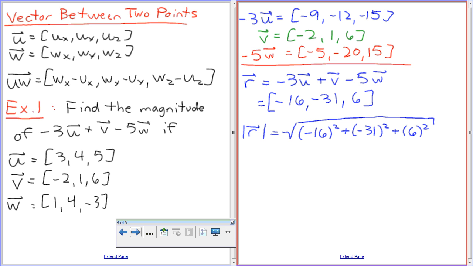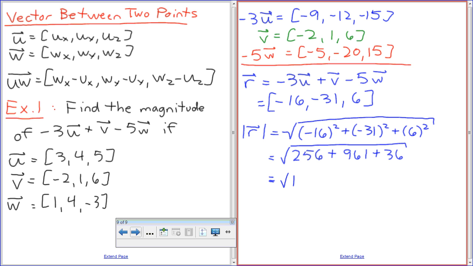Stay with me here, please. So it's the root of negative 16 squared plus negative 31 squared plus 6 squared. Chris, can you be brave and get your calculator out and calculate that for me? So then, square root of 256 plus 961 plus 36. Can you add those up for me? And that's 1,253.